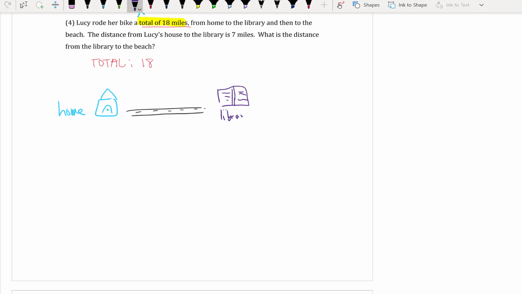She goes to the library, and then from there she's going to go to the beach. So she's still riding her bicycle, and she goes to the beach. So that's water, and maybe like the sun. And so that is going to represent my beach.